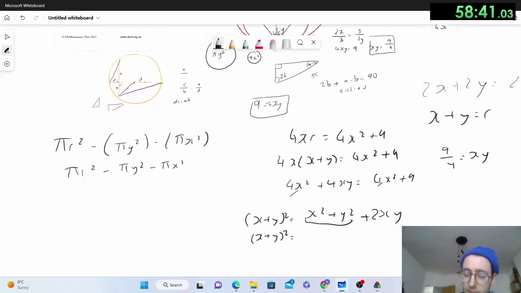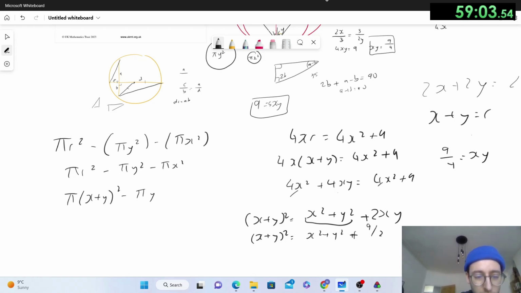There's some Pythagoras going on here. That plus 2 lots of this, 9 over 2. Pi of (x plus y) squared minus pi of y squared minus pi of x squared.